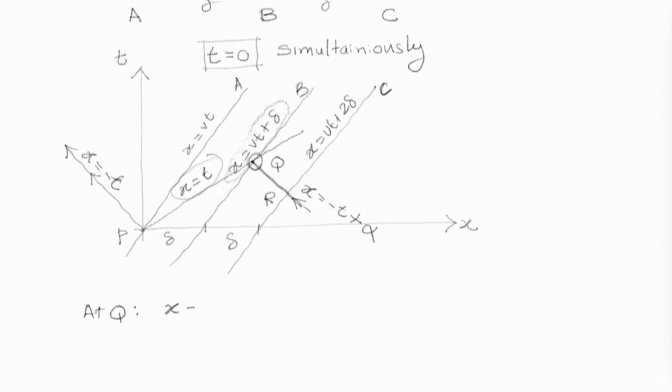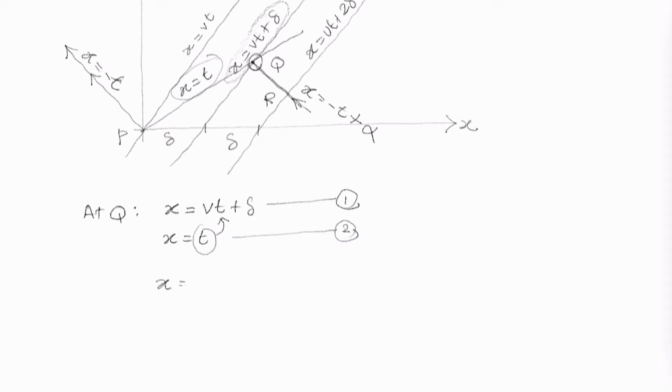Therefore at Q, x equals vt plus delta, equation 1, and x equals t, equation 2. Let's substitute x equals t here. So x equals vx plus delta.